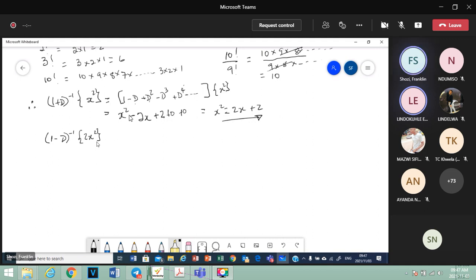Okay. What we are doing here, we started with operator D. I have a class again at 11. So we have started with operator D. Operator D is the method that we are going to use in order to solve differential equations.